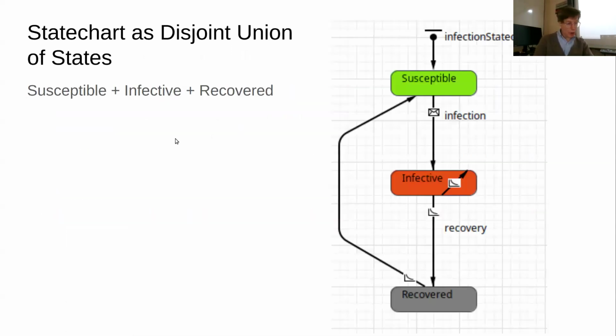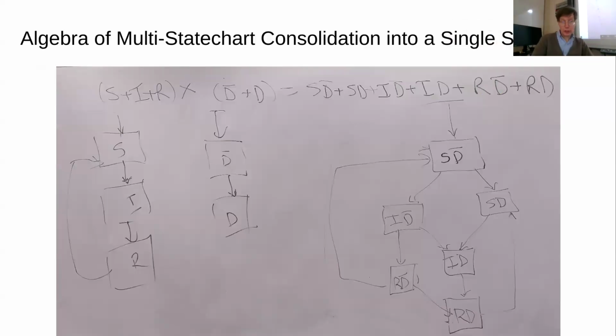So let's get back to our algebra of state charts or mathematics of state charts. What I'm saying is, if I have this state chart here, this state chart here, the states I can be in at any one time are one state with respect to this one and one state with respect to this one. And so I could be in, and this is what the algebra gives you, right?